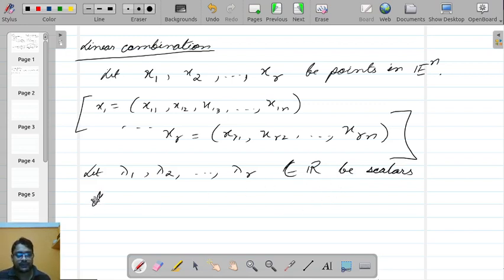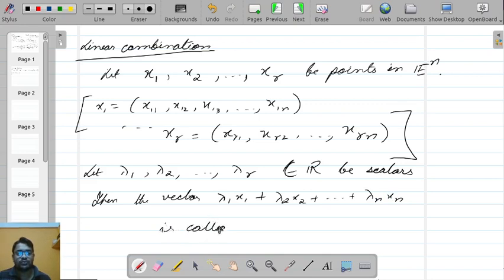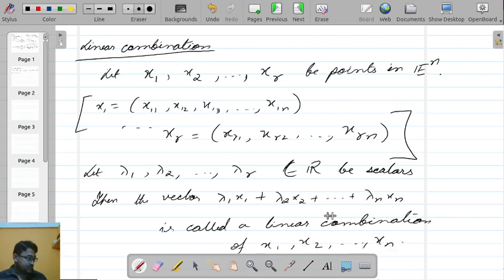Then the vector lambda 1 x1, where I multiply x1 with lambda 1, plus lambda 2 x2, plus so on up to lambda r xr, is called a linear combination of x1, x2 up to xr.